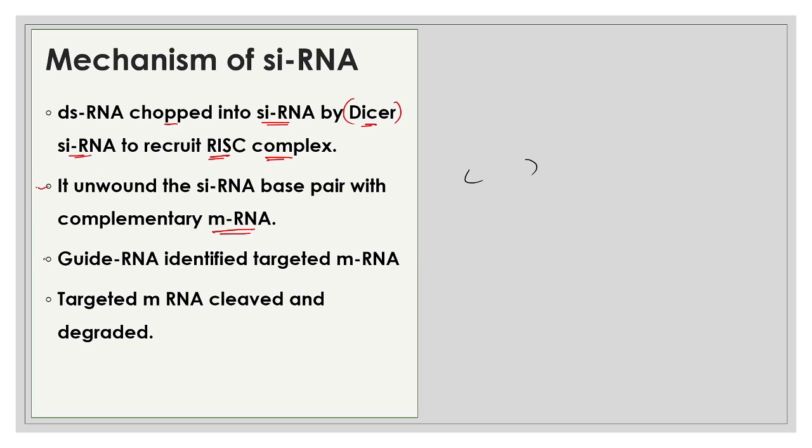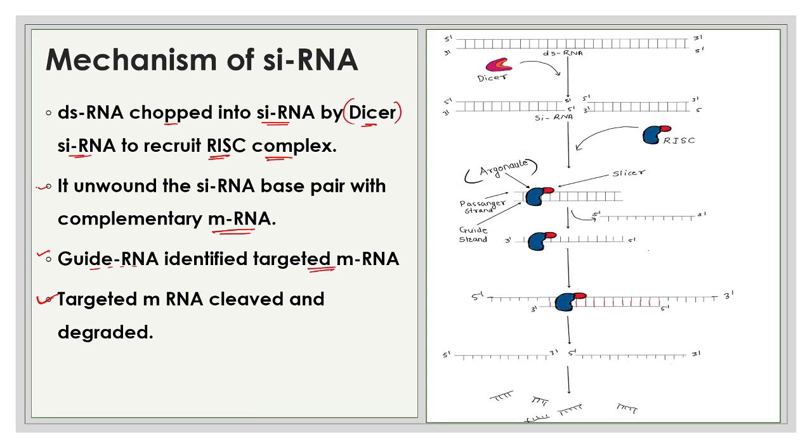Then the guide RNA identifies the target mRNA. Next, the target mRNA is cleaved and degraded. So these are the points. Now we focus on the diagrammatic representation in which all the phenomena are clear. This process can happen endogenously or exogenously.